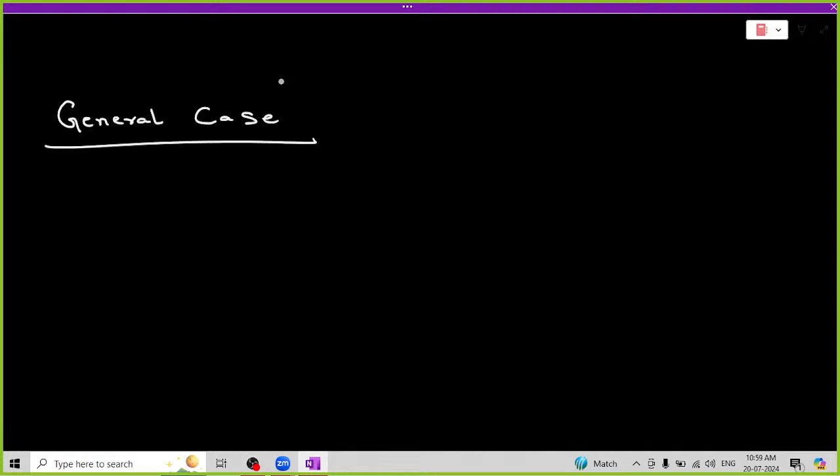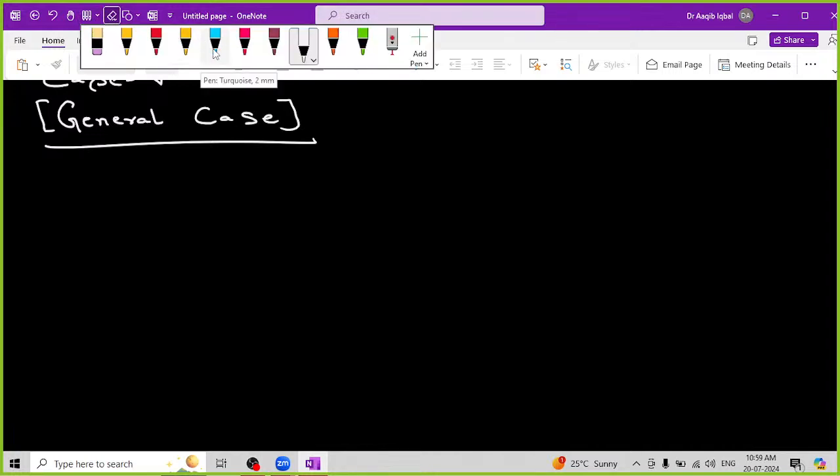This is case 5, which is the general case. So basically here we will not take any special assumption about E, we will take it as it is.